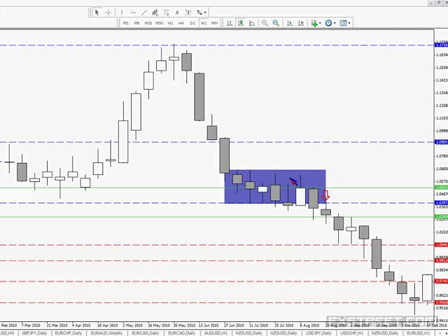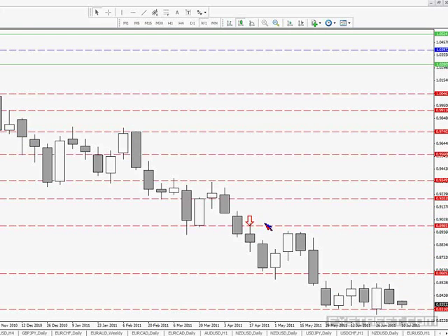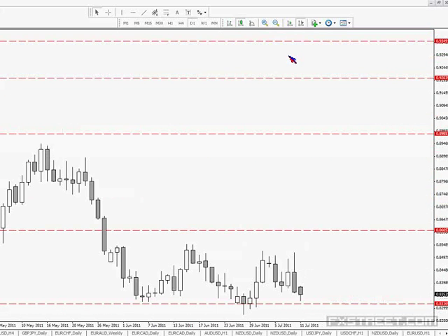Like right here. It happened back in July 2010. Could be the same thing here. So I don't know if I'd say it's a reversal just yet. I'd say we need to wait for it to break out of this box here and see where it's going to go. I don't know. I mean, the safe bet is down, but it hasn't really broken through this level yet, so don't really know.